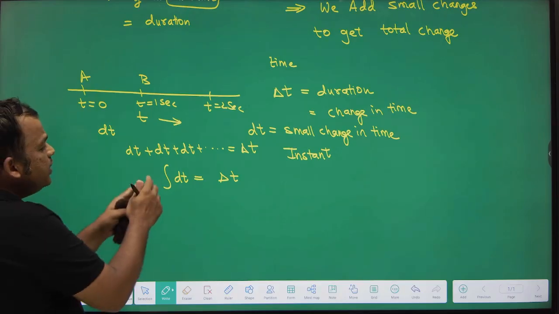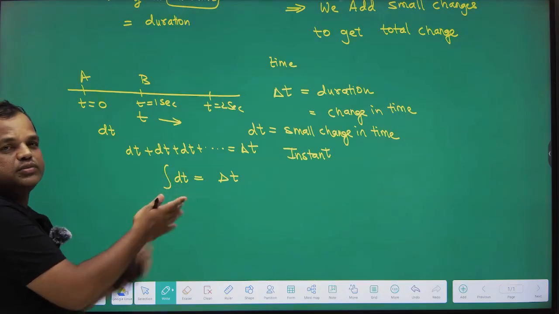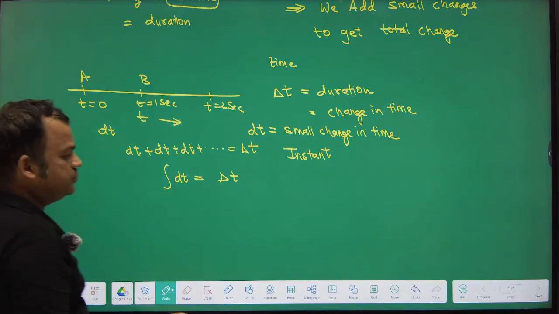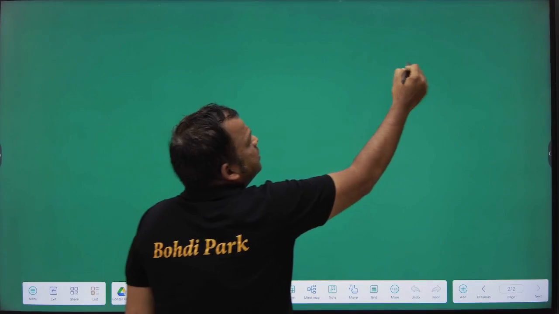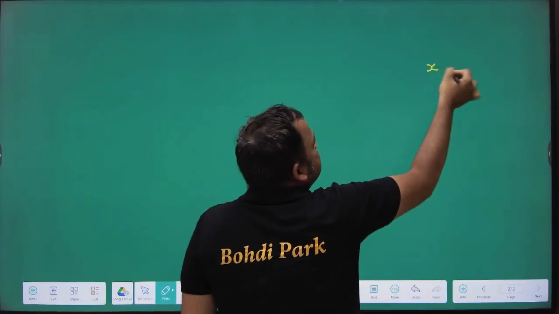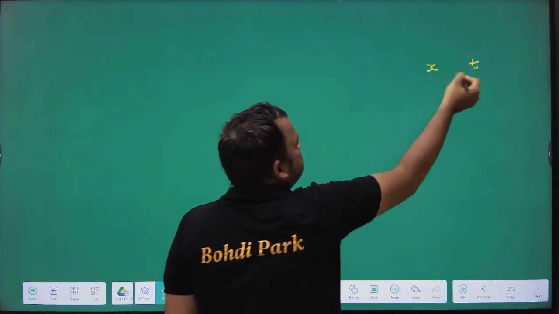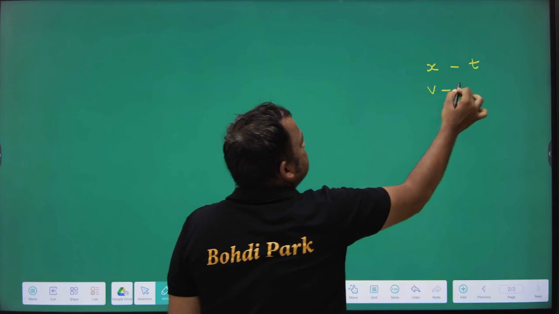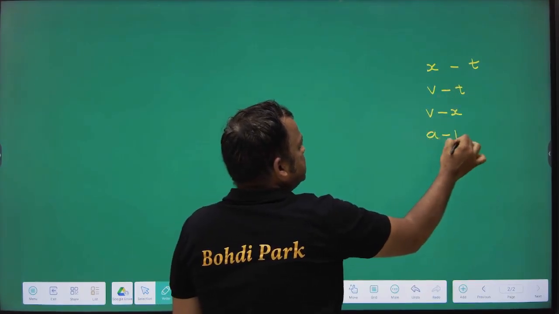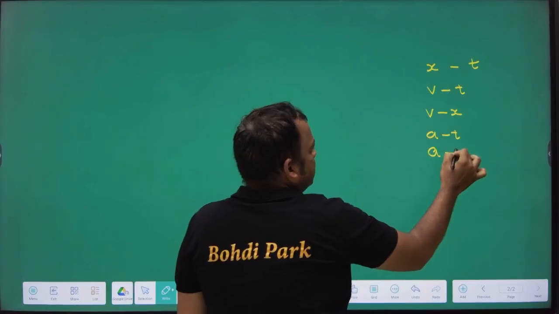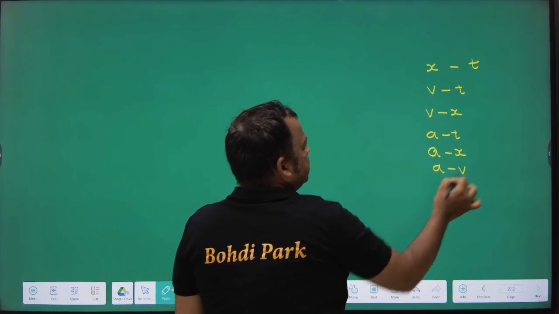So how do we relate these concepts in graphs? We have quantities x, which is position, and time t. So we have the xt graph, vt graph, vx graph, at graph, ax graph, av graph.